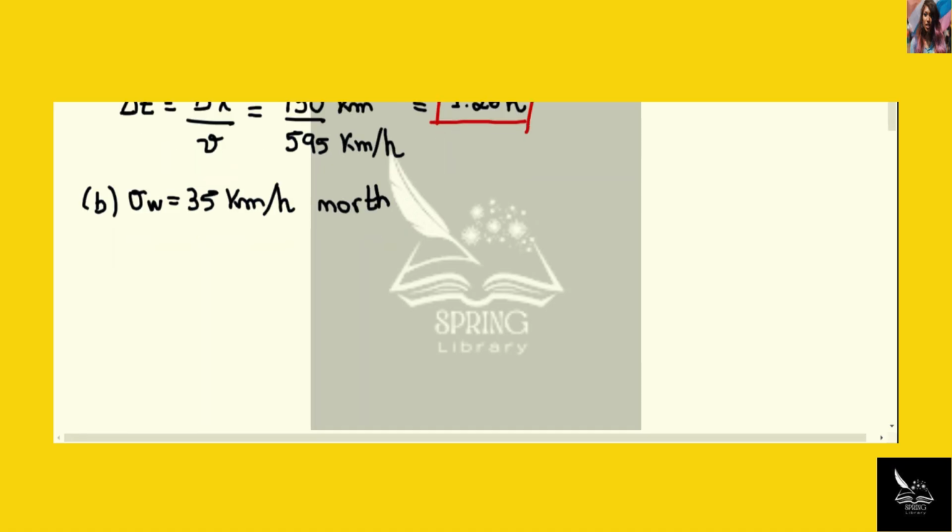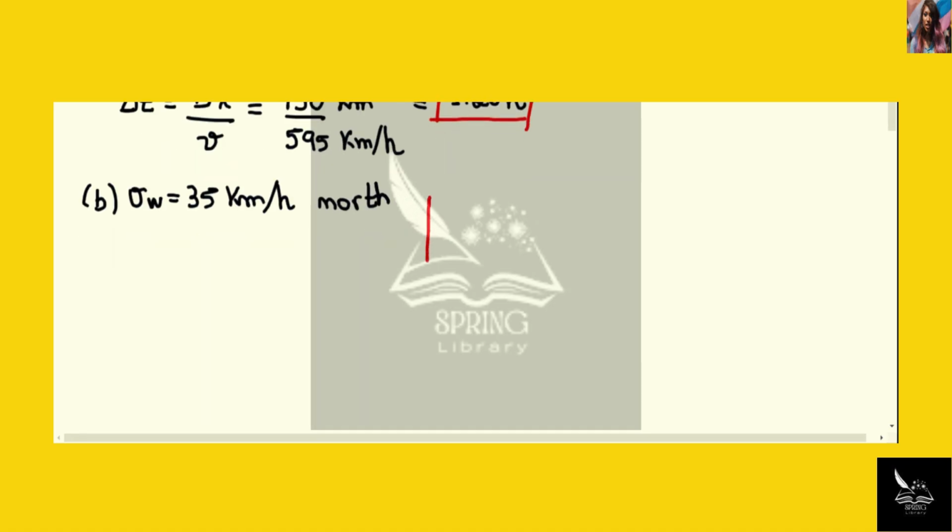In this case, the velocity of the airplane is in the same direction as that of the wind, and V is equal to VR, the speed of the airplane relative to the wind, plus the speed of the wind. So V is equal to 630 plus 35, or 665 kilometers per hour.